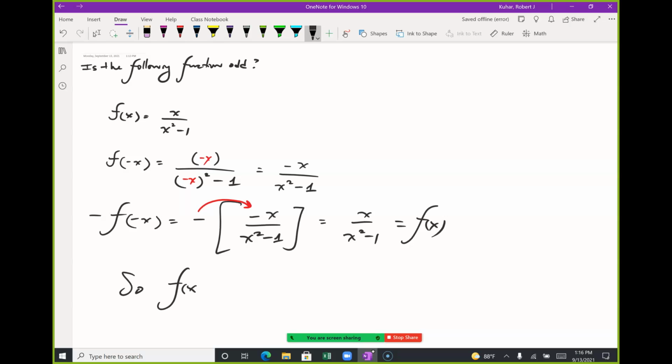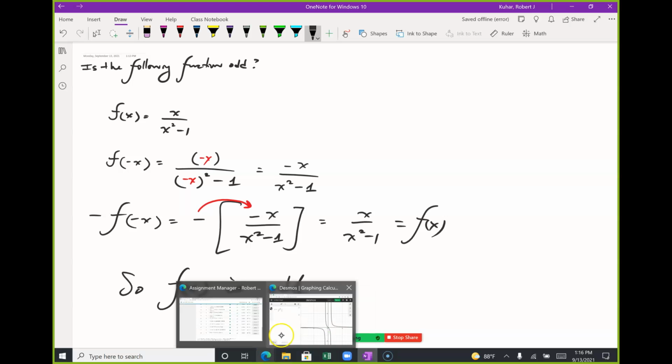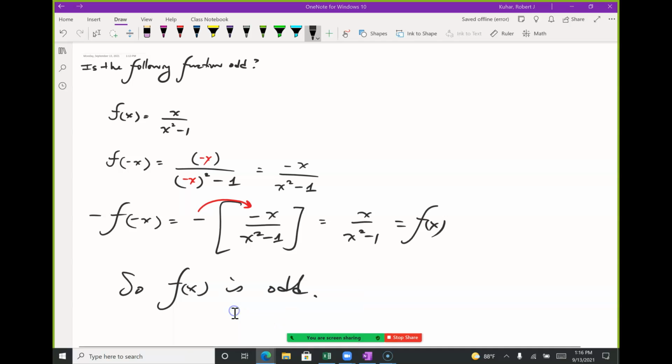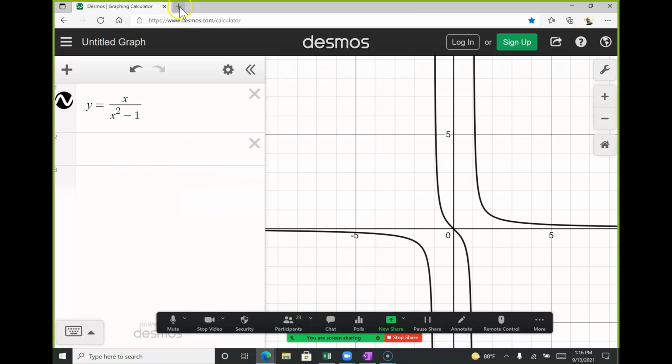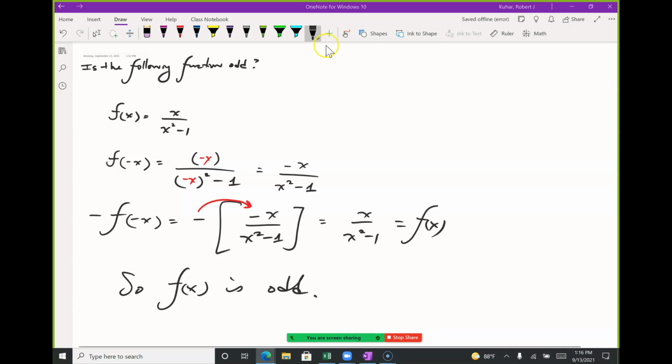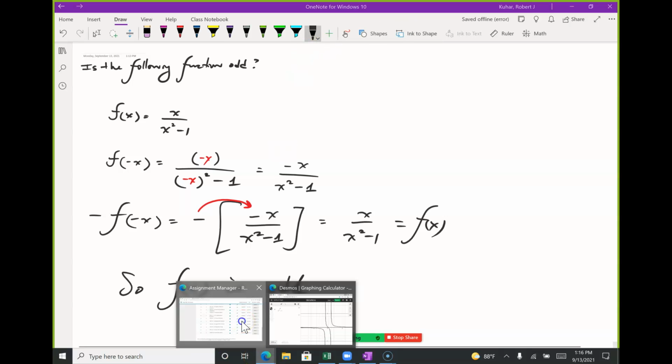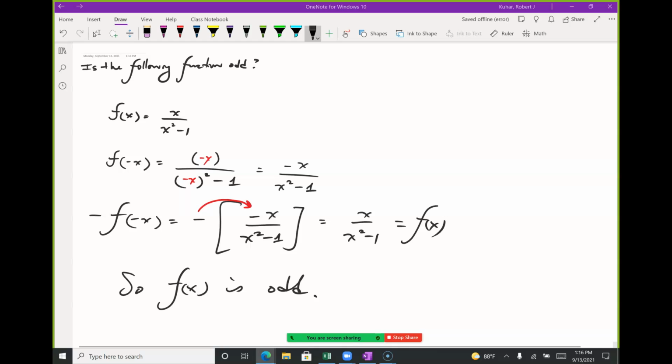So f of x is odd. It's not too bad, is it? Just want to look at another one of those and see. I mean, that's about as difficult as they get for the even and odd functions.